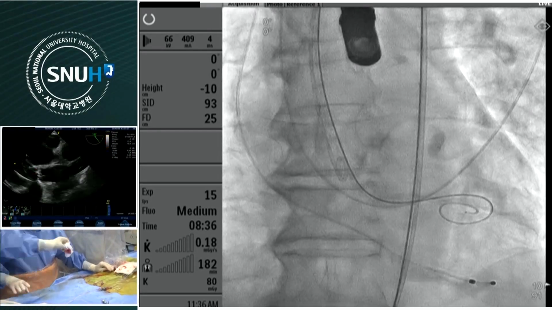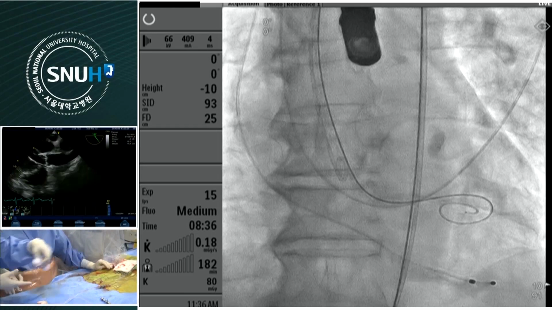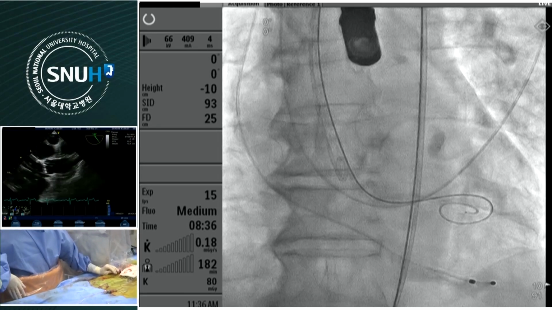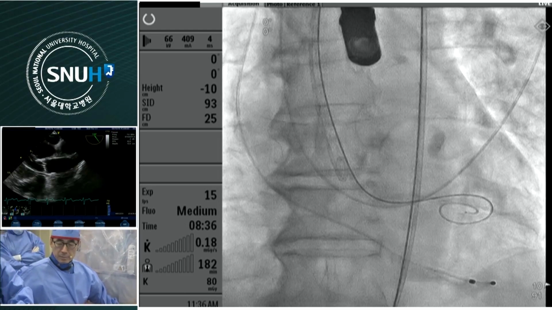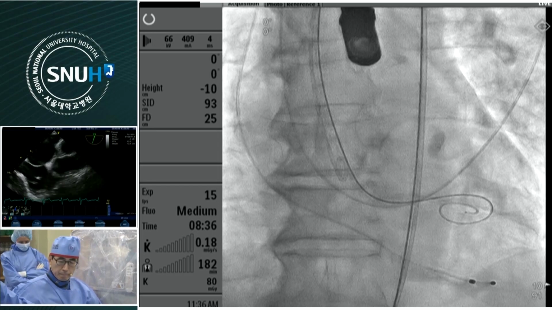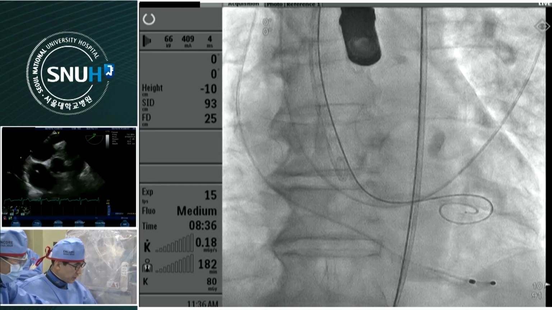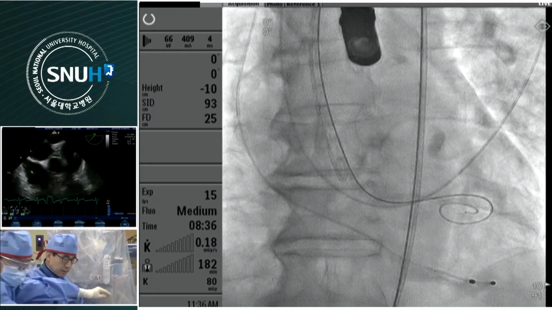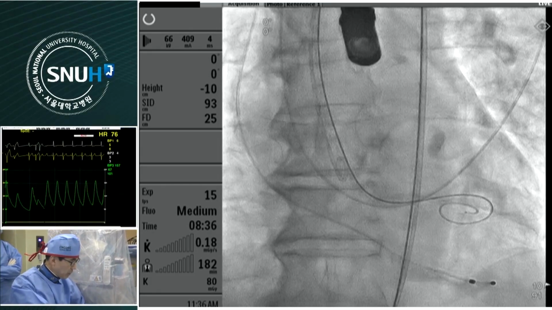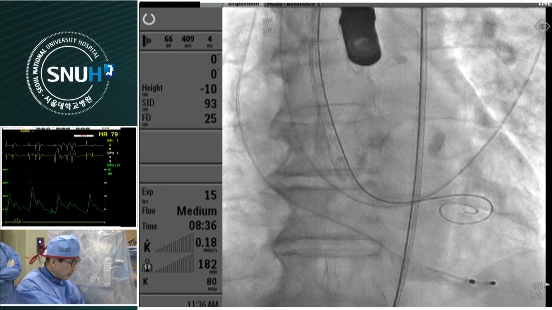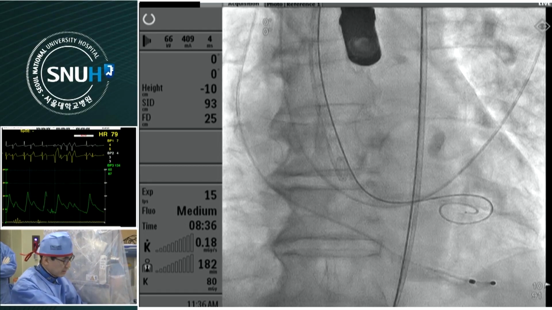Will you do the predilation of the aortic valve? Predilate or direct? Sometimes we use pre-dilatation. In this case, the first situation is when the aortic annulus size is a little bit ambiguous. Then we perform pre-dilatation to assess the actual annulus size and decide the final valve size.